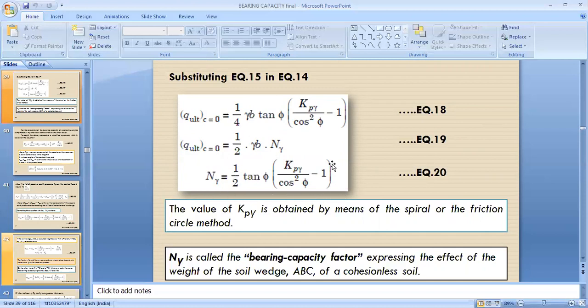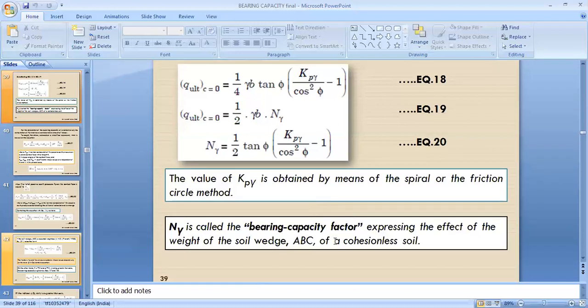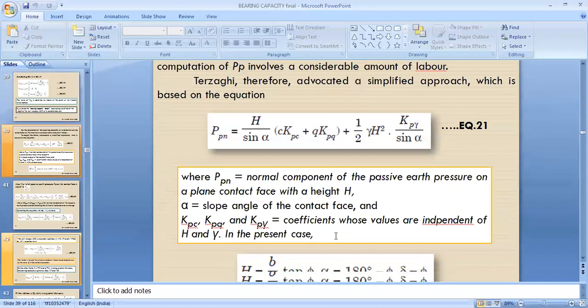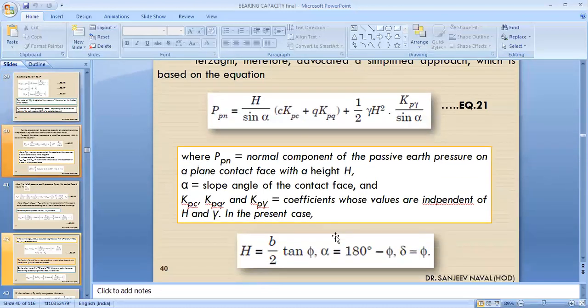This N gamma value has to be used somewhere else; later I'll tell you when we find the other parameters. The value of Kp gamma is obtained by means of the spiral or the friction circle method. N gamma is called the bearing capacity factor, expressing the effect of the weight of the soil wedge ABC of a cohesionless soil. Now, when we try to resolve for Pp, this is the equation we get.